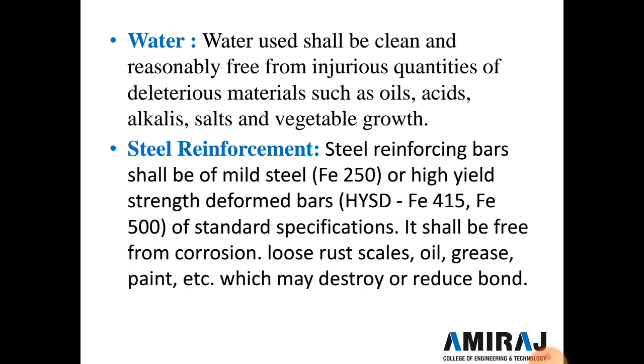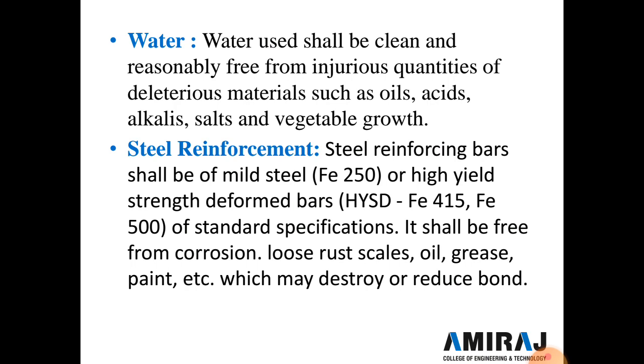And here a new material is used as steel reinforcement. Steel reinforcement bar shall be mild steel Fe250, and HYSD bar, which is high yield strength deformed bar. HYSD Fe415 and Fe500 of standard specification is generally used, and it shall be free from corrosion, loose rust, scale, oil, grease, paint, etc., which may destroy or reduce the bond.